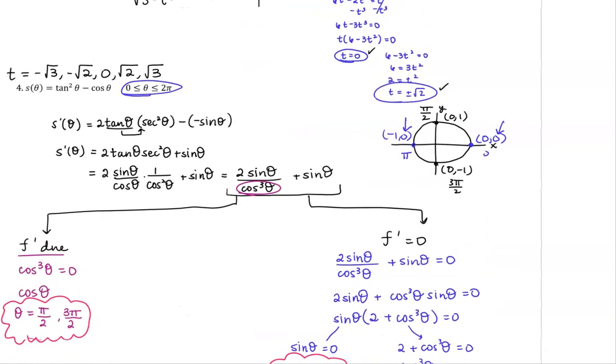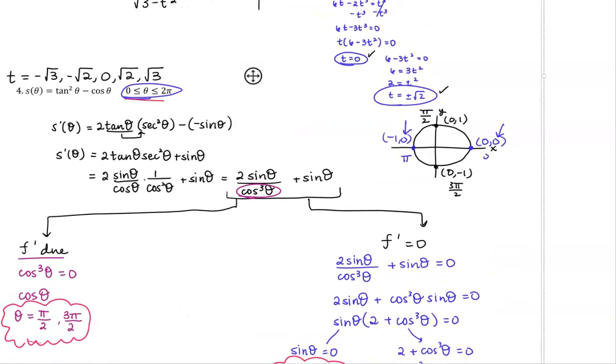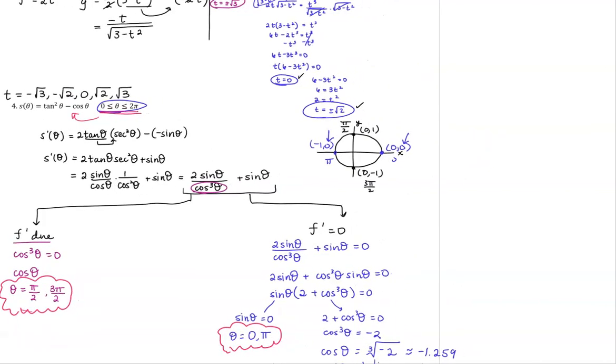So because all of our numbers fell into the domain of that function, we knew that they would all be defined. Now in example 4, we know that this is not the domain of this function, right? We're only being given this interval because that's one full revolution around the unit circle. The function that we started with in number 4, s of theta equal to tan squared minus cosine theta, is the same thing as sine squared theta over cosine squared theta minus cosine theta.